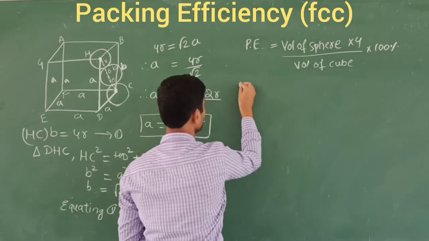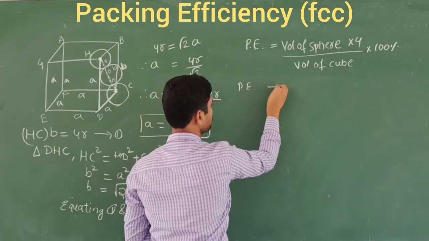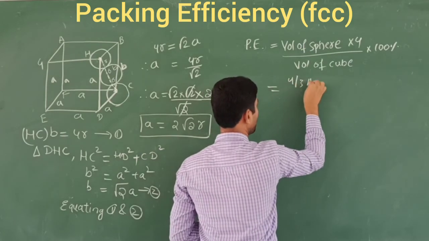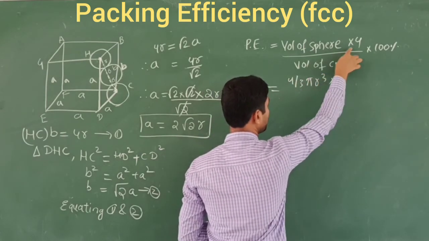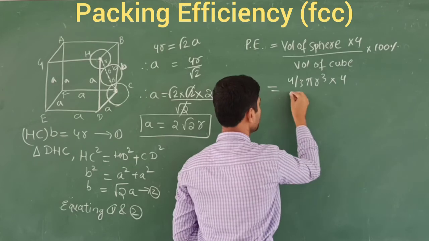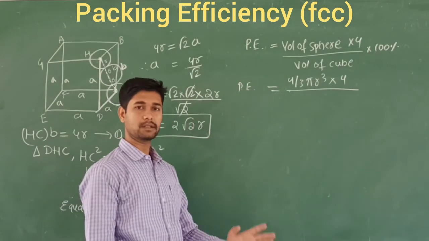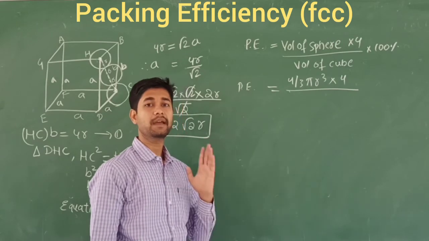So here you know the packing efficiency. The volume of sphere you know already, 4 by 3 pi r cube, into how many particles in FCC? 4. Divided by the volume of the cube. Volume of the cube is equal to length into breadth into height, that is a cube.